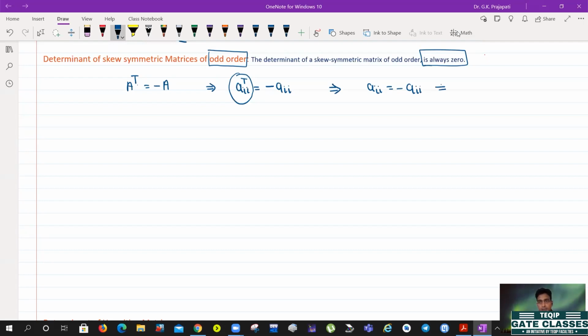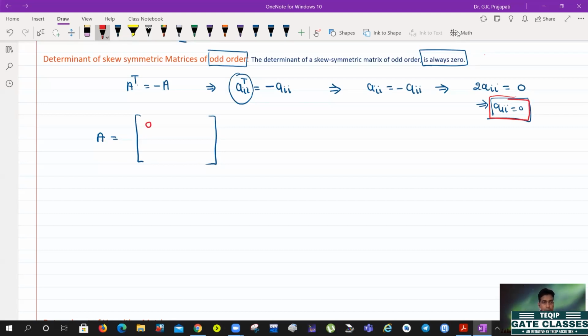This implies 2a_ii equals 0. This implies a_ii equals 0. It means that all the diagonal elements of a skew symmetric matrix will be 0. So we can construct a skew symmetric matrix A whose diagonal entries must be 0.